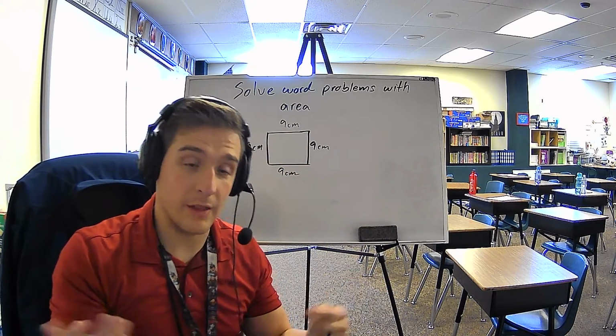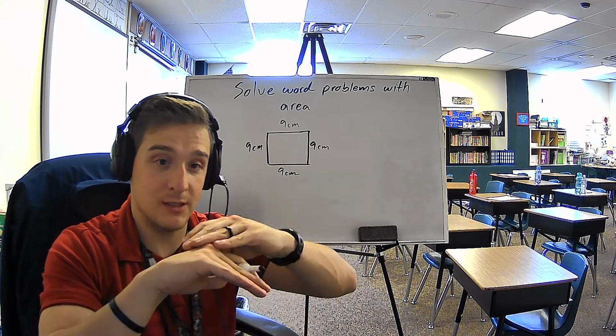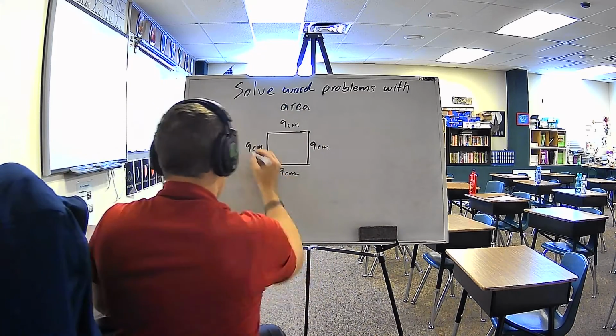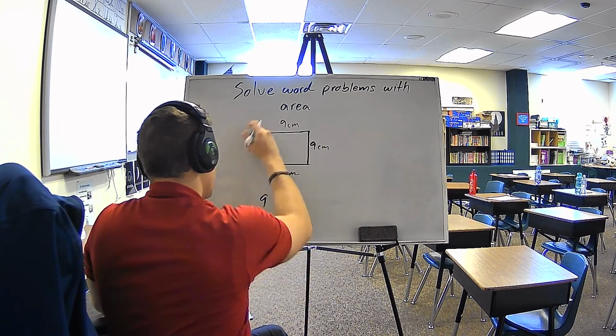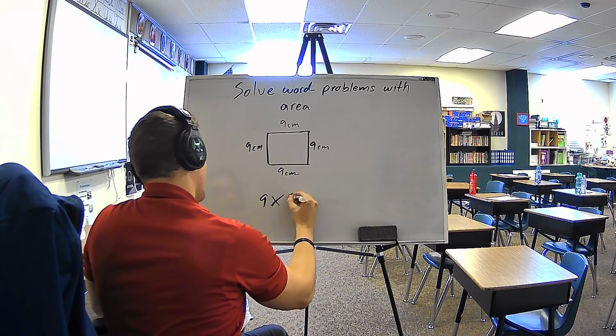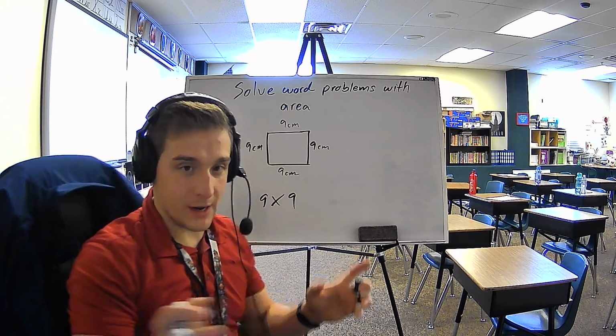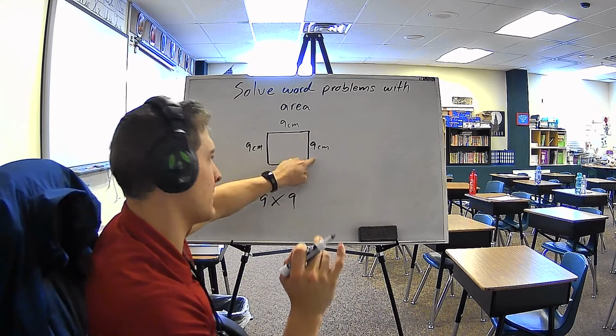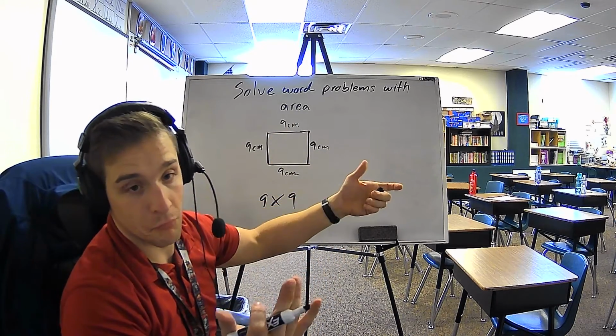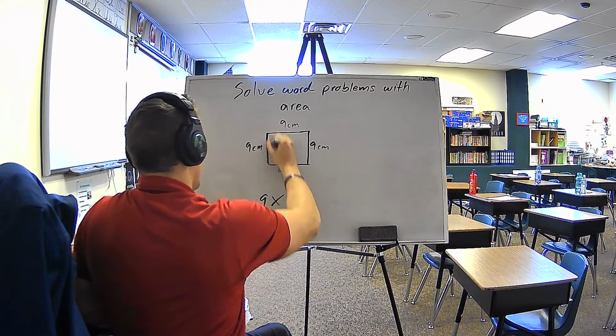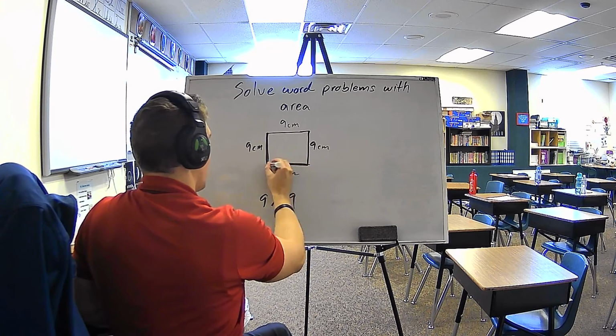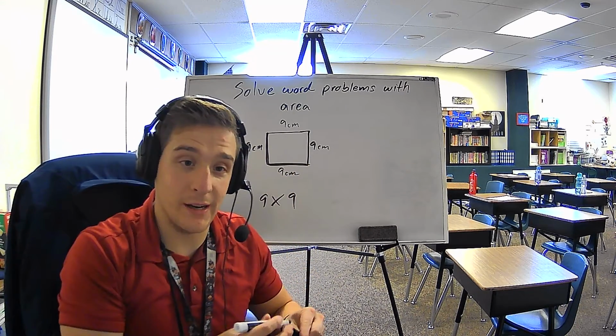So how do you solve this? You do how wide it is versus how tall it is. So it is 9 tall, or 9 is its height, times 9 as its width. Now, once again, I'm going to ask this question. Why don't we do 9 times 9 times 9 times 9? Because we only need one side multiplied by another side. That's all we need.